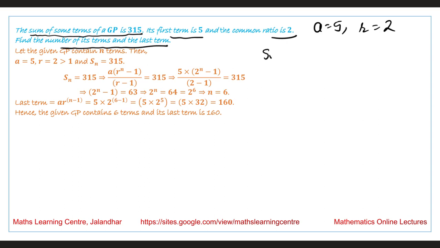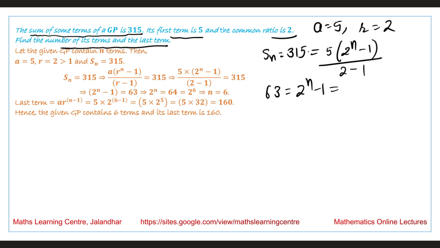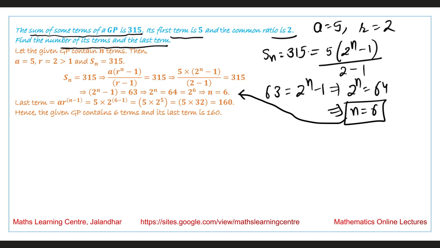So the value of Sn is given to be 315 and we are saying it is equal to 5 into 2 raised to the power n minus 1 divided by 2 minus 1. So if we solve this, we will get 63 is equal to 2 raised to the power n minus 1. So this implies 2 raised to the power n is equal to 64 and this implies that the value of n is equal to 6.